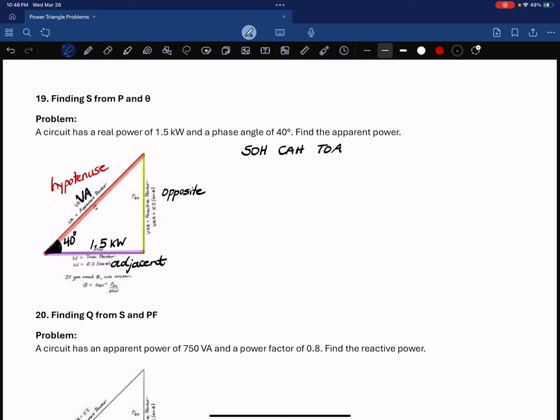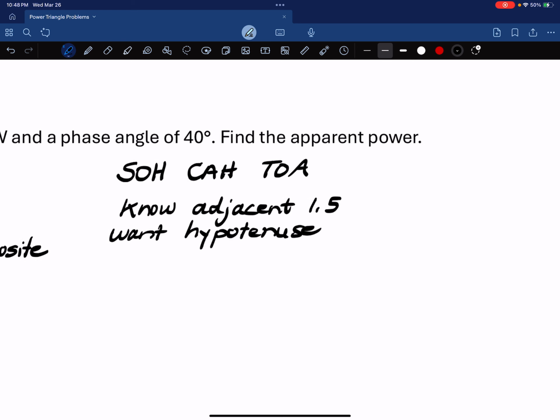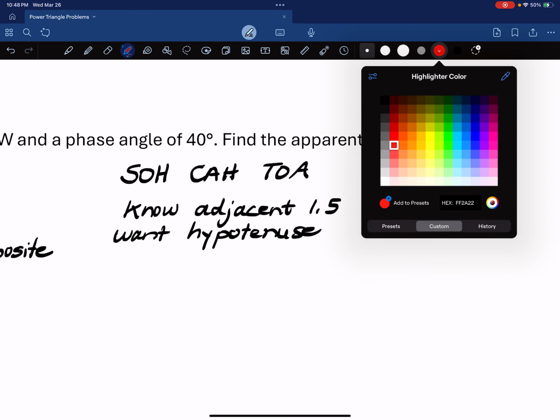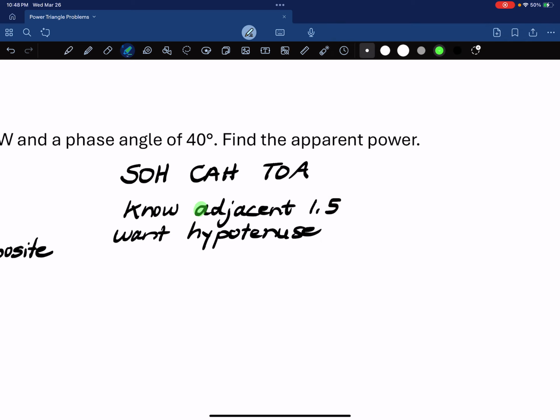So I know, let me write it this way. I know adjacent. That is 1.5. I want to know hypotenuse. So I want the one of these that relates or gives me information about A and H. And that is going to be cosine.